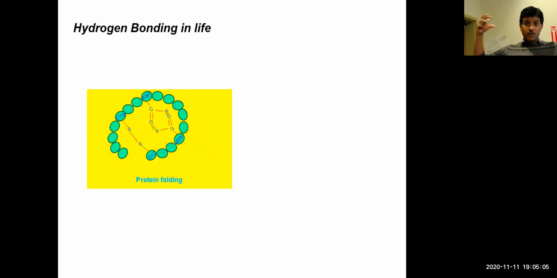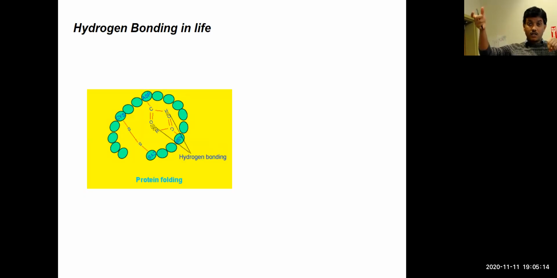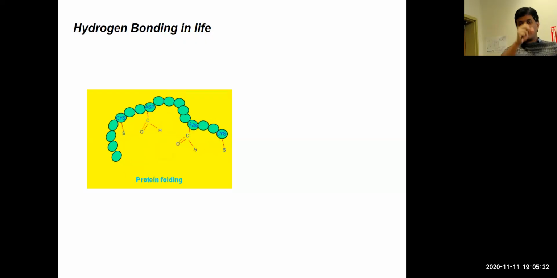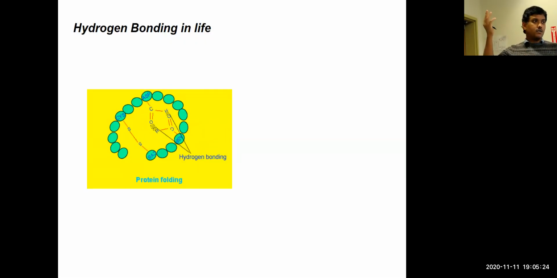Now, in proteins, you have amino acids, like many of you from biological sciences know. Depending on the type of amino acid, it sometimes contains NH or OH bonds, or COOH, and those hydrogens can interact with another molecule's oxygen or nitrogen, like you see here.